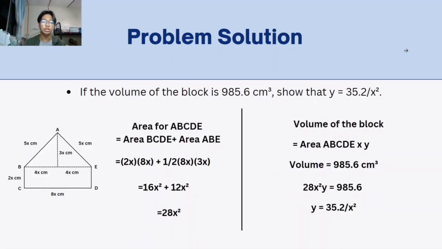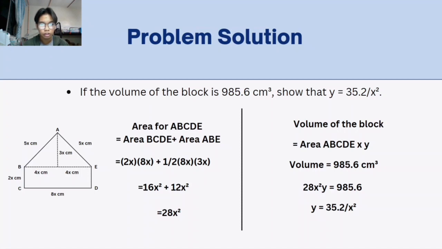Now we'll begin the solution. For the first problem, we need to find the volume of the block and show that y is equal to 35.2 over x to the power of 2. To begin with, we need to find the area of the cross-section, that is the area of ABCDE. To find this area, we need to add both area BCDE and area ABE.